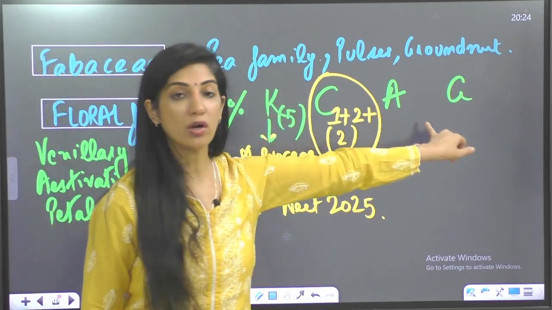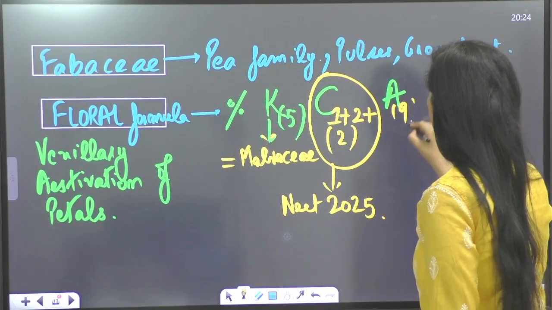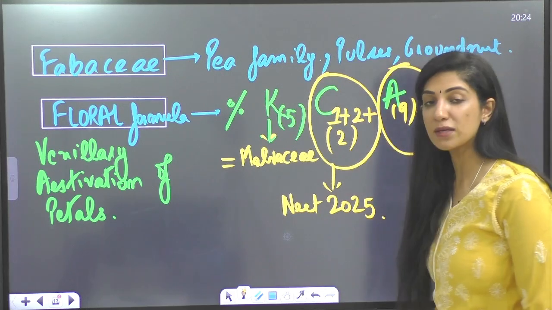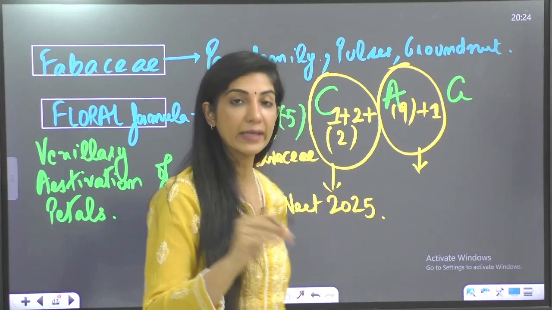If I talk about androecium, again one of the diagnostic features, 9+1 condition. Very, very important question. When I sat for the exam many years ago, this used to be a part of every state PMT, including AIPMT.